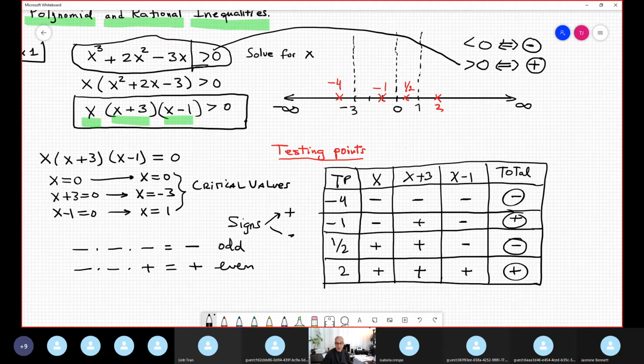But I know that the only testing points que pass the test are this guy and this guy. And this no, this failed. Okay, entonces the good guy is -1, pass the test, and +2 pass the test.